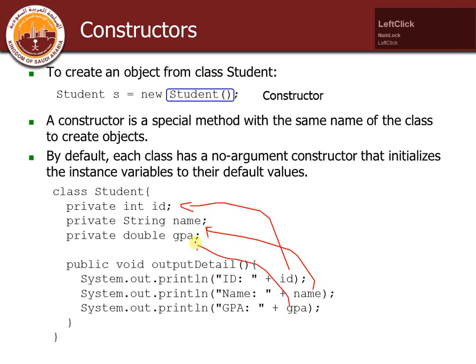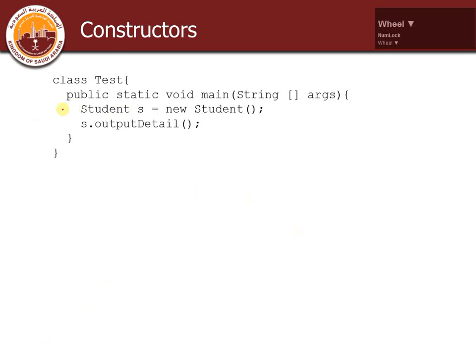My question is this one: what would happen if I just execute this line, which just prepares the object S from the class Student, and then right away I am displaying output details without putting any values inside those variables ID, name and GPA? What do you expect to be the output of this?